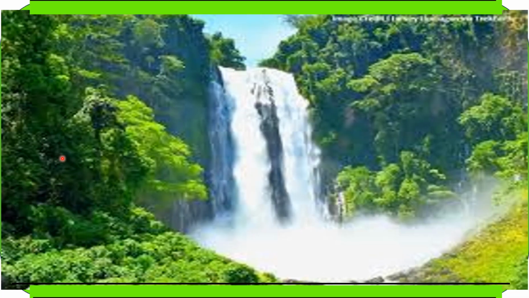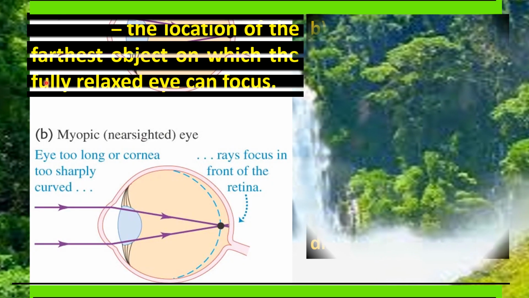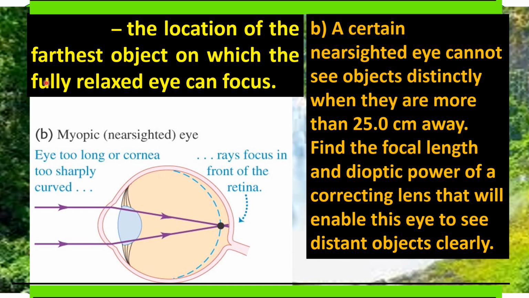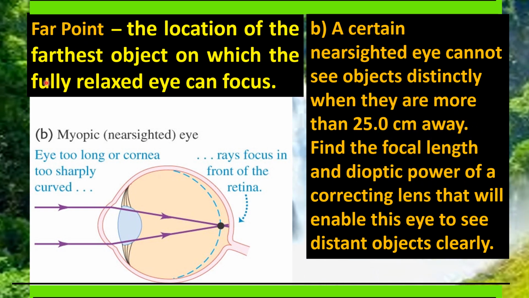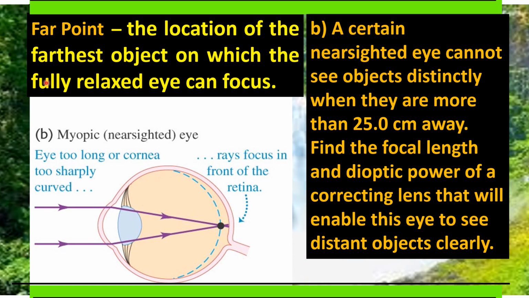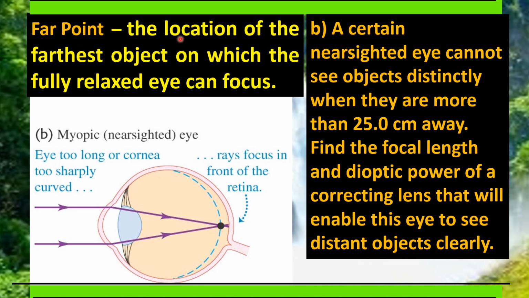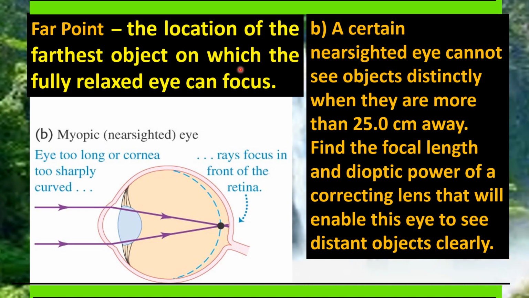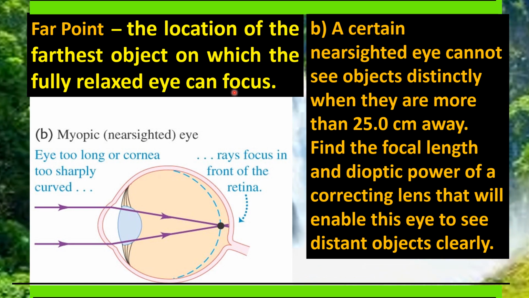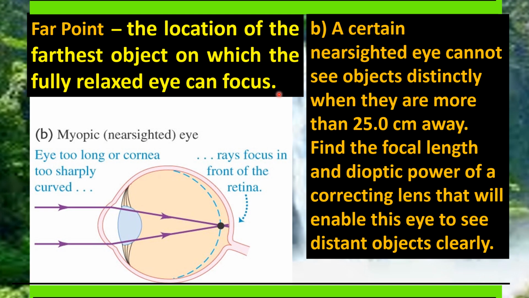In answering question letter B, we also emphasize the meaning of a far point. A far point is the location of the farthest object on which the fully relaxed eye can focus, right?